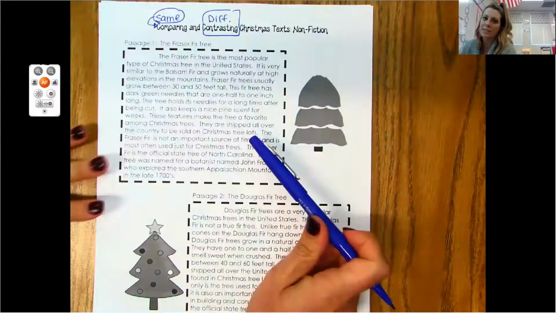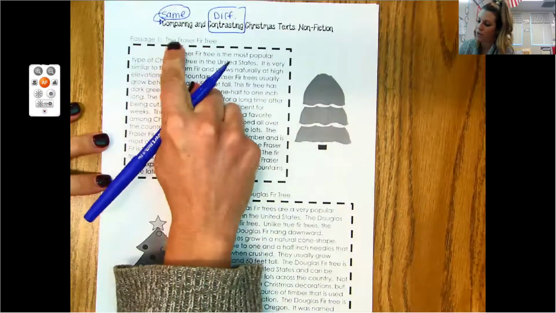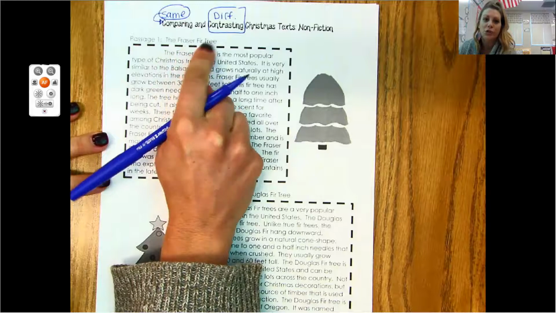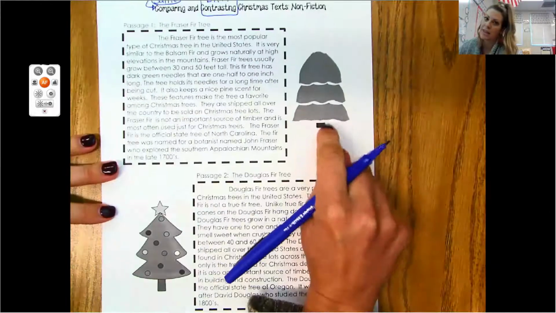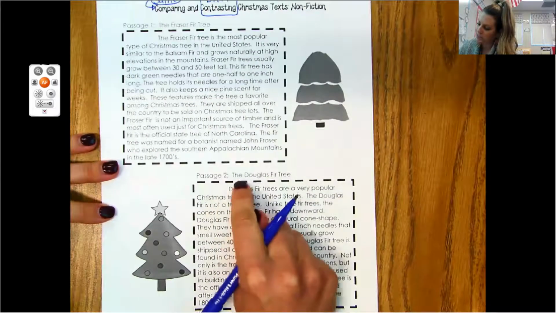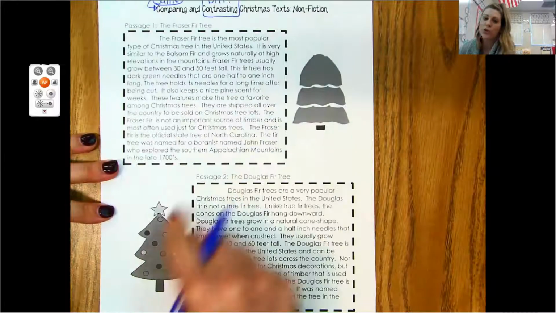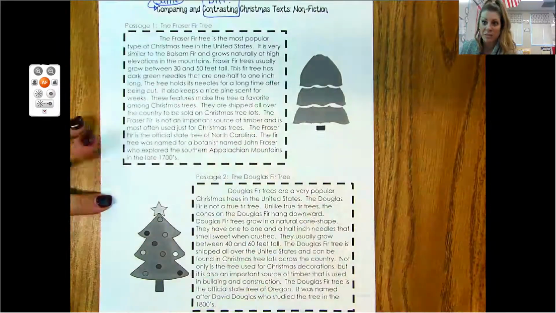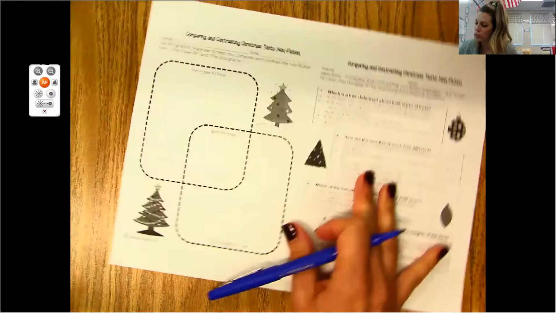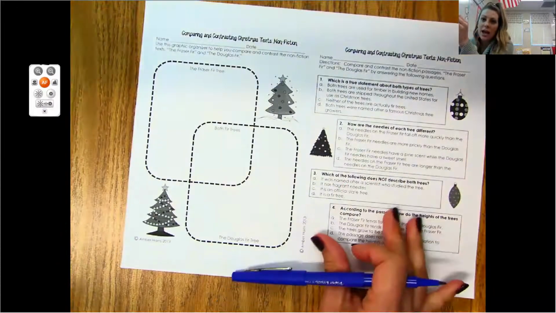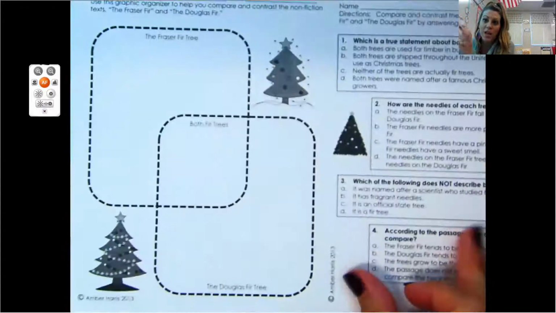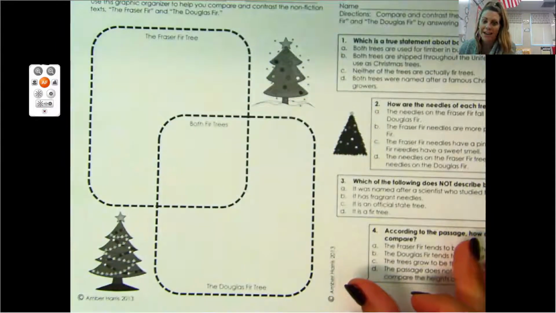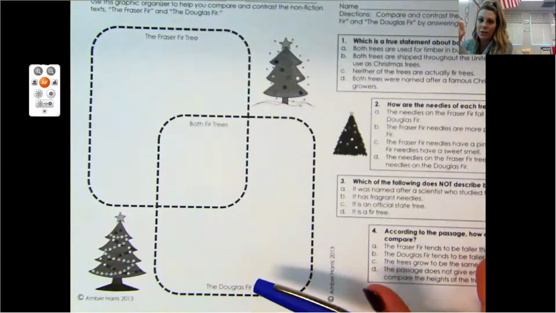So we have 2 passages here. We're going to read about the Fraser fir tree that looks kind of like this, and then the Douglas fir tree. So they're 2 different kinds of Christmas trees. And then we are going to organize our evidence that we find in our graphic organizer.